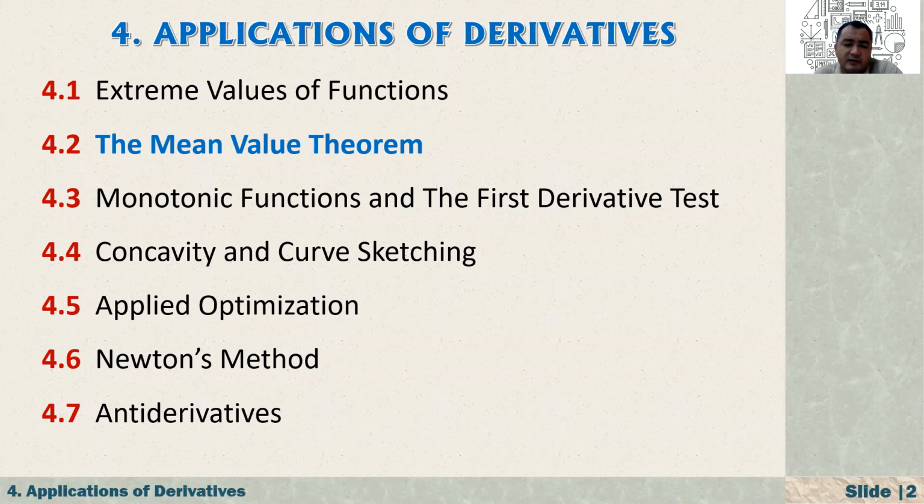Number one, if you're given any continuous function over a closed interval, then it must have a global maximum and a global minimum. That's one important theorem that we are going to use here. And number two, if we are given a continuous function over a closed interval, the function assumes its global maximum or minimum either at endpoints or at interior points.